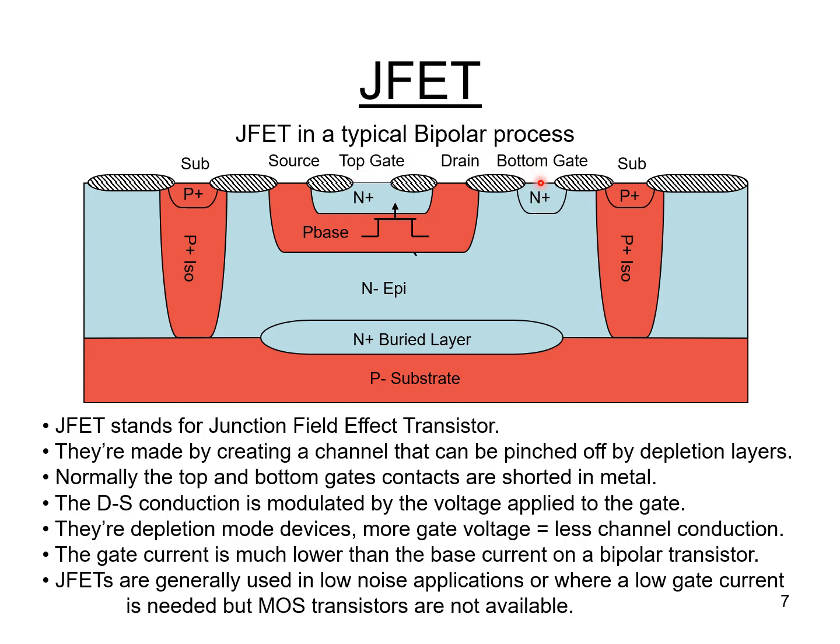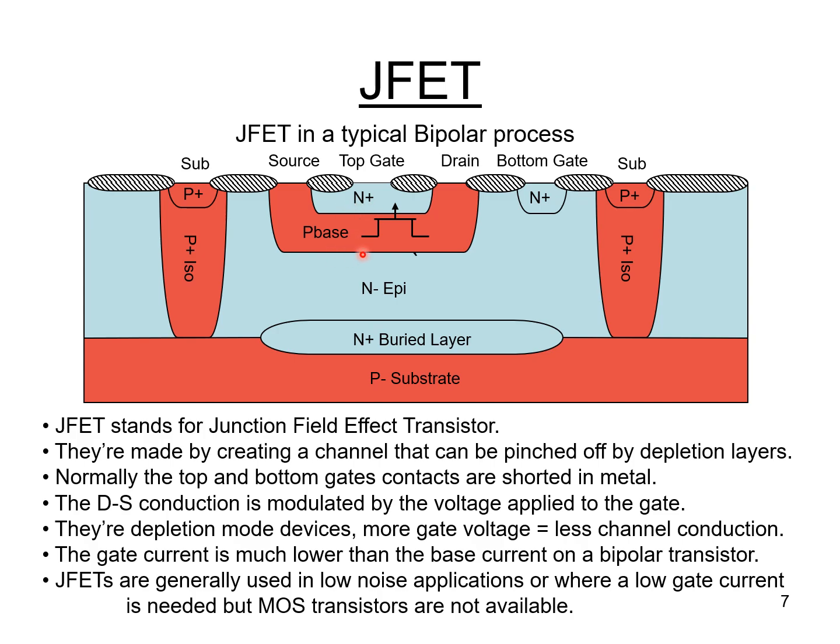And the drain to source conduction through that P base region gets modulated as you change the voltage on the top gate and the bottom gate. Now, what you're doing is applying a voltage to the gate that reverse biases the P base to gate diode, or P base to N+ or N-epi diode.